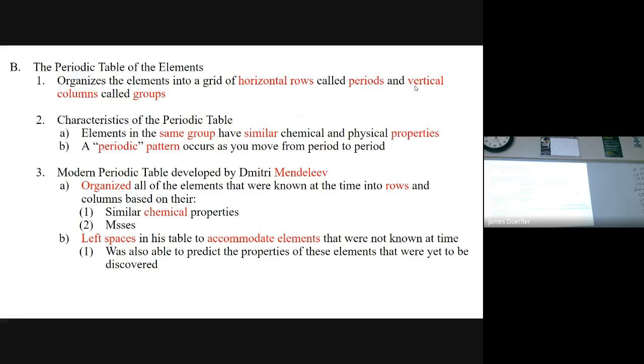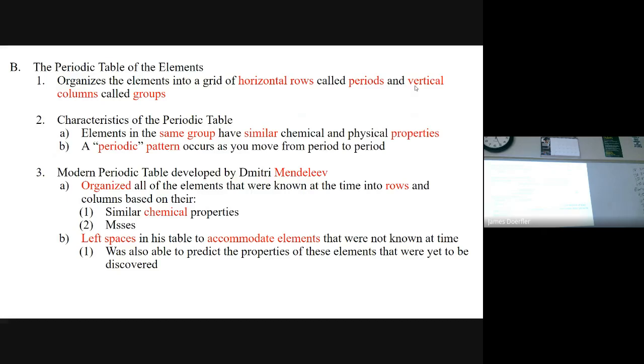Much like the elements that are in the same vertical column are going to share very similar chemical and physical properties. As you go through the periodic table, you're going to start noticing that there is a periodic pattern as you move throughout, which leads us towards our name, the periodic table.